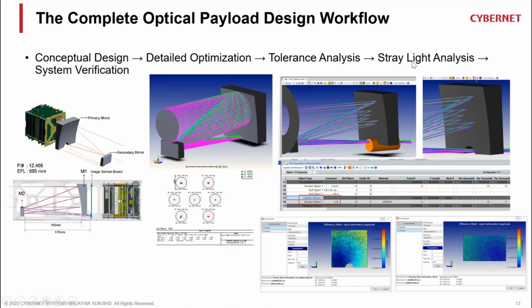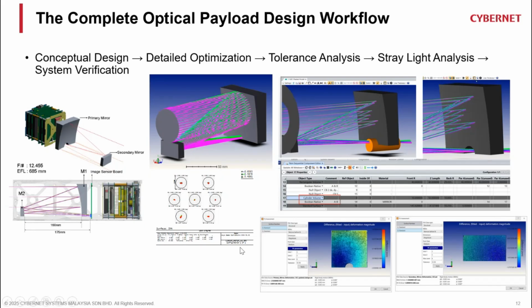For stray light analysis, we will convert it into non-sequential mode, and then we will analyze the light path using the path analysis tools. And finally, we have a system verification, which is the STAR module. We can include all the structural deformation and also the thermal index and also the fluid index.